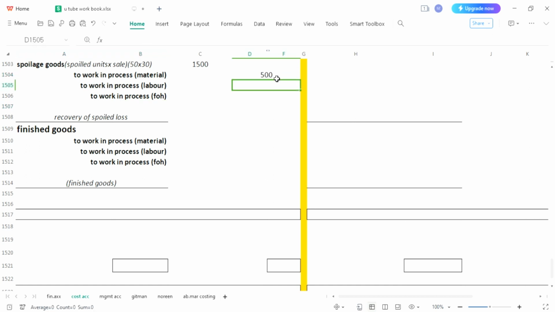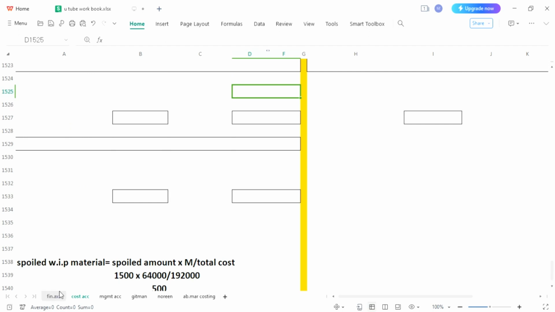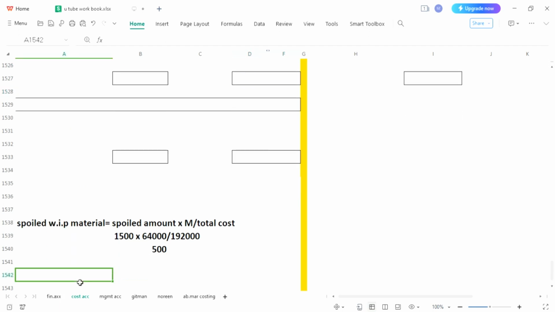Okay, now the second amount, spoiled work in process labor. Same, you will be writing over here spoiled work in process, but labor we are using. How would we calculate? Again, spoiled amount. Look, same, but what we will do, we will multiply it with the amount of labor in the first entry divided by total cost.